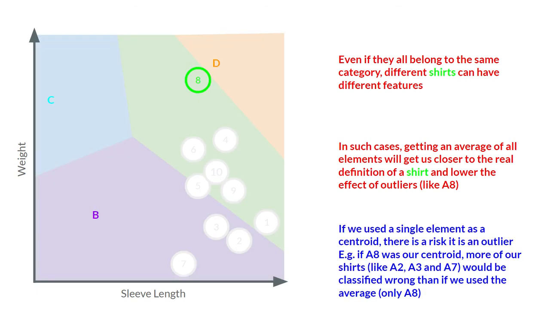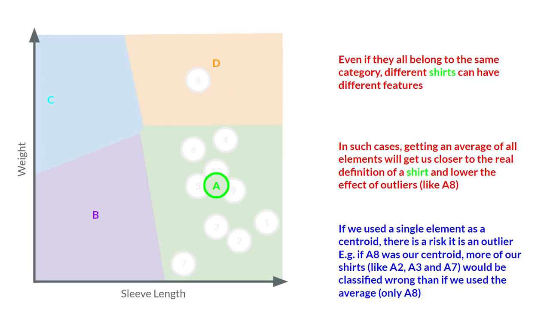Choosing the average is better than choosing a single element exactly because of outliers. If we chose a single element as centroid, we have a higher risk of choosing an outlier. For example, if we chose A8 as our centroid, our definition of shirt would be heavier than the average. This new definition means that A2, A3, and A7 are now incorrectly categorized as t-shirts.